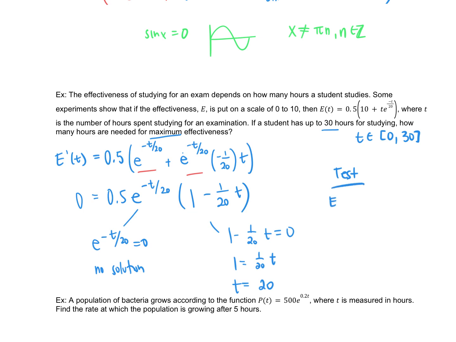So I'm going to test the effectiveness at 0 hours, at the 20 I just got, and at the maximum hours of studying. Okay, and if I punch 0 into my calculator for the equation for t, I end up with 5. So on a scale of 0 to 10, half effective. When I sub in 20 for t, I get approximately 8.68, so that's better.